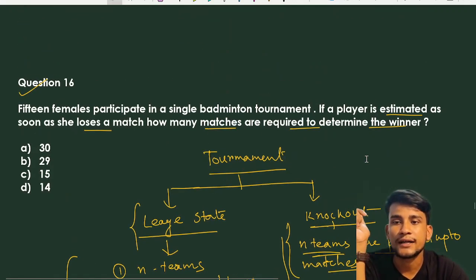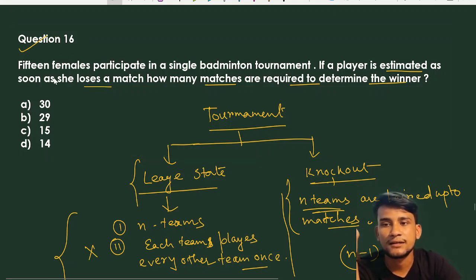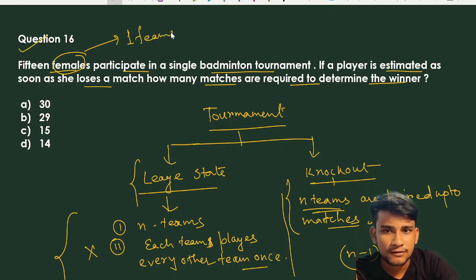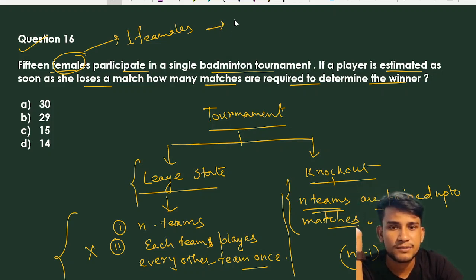The given question is: 15 females participate in a single badminton tournament. That means each female means each team. One female means one team.